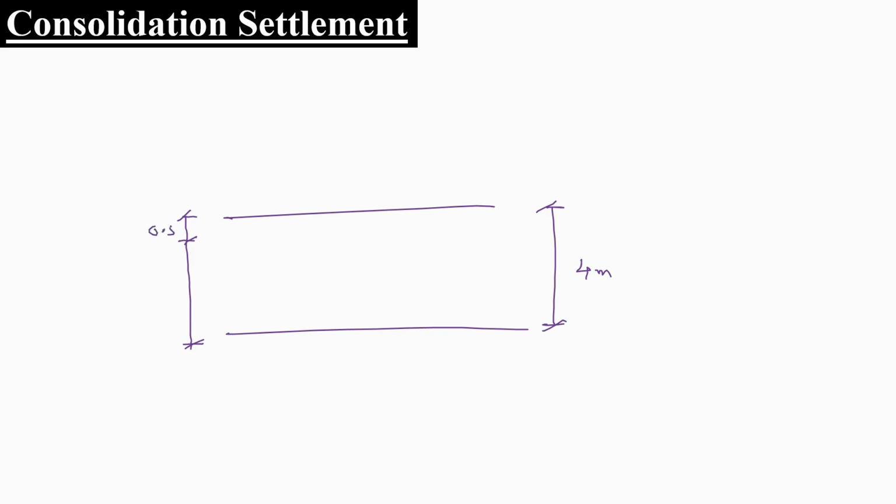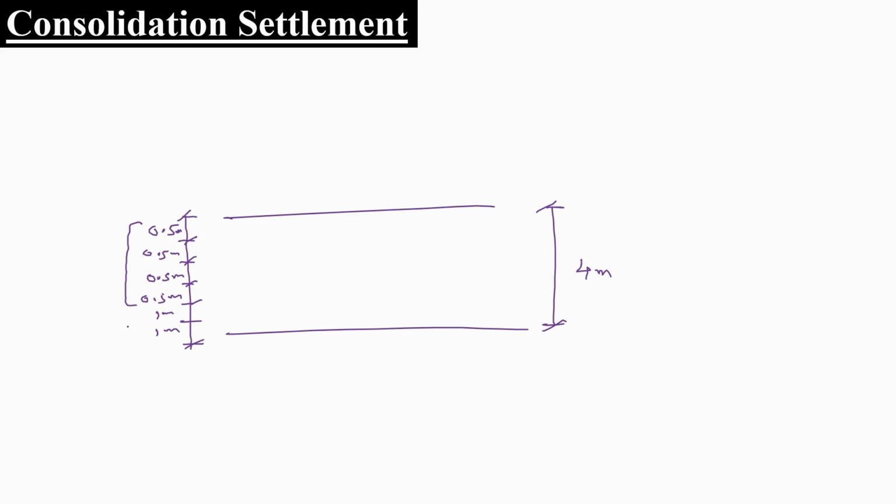First layer will be 0.5 meter, second layer 0.5 meter, third layer 0.5 meter, fourth layer 0.5 meter, and this layer is 1 meter and this layer is 1 meter. Always keep the top layers as smaller layers and bottom layers as larger layers. It will give you exact answers.